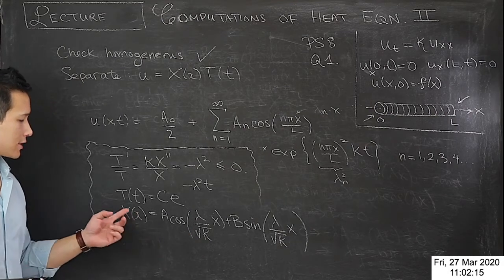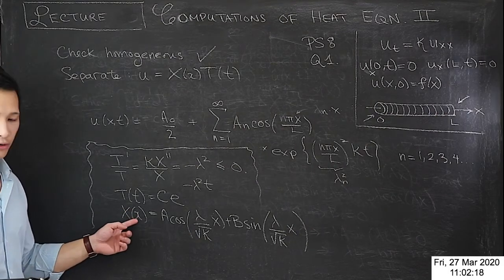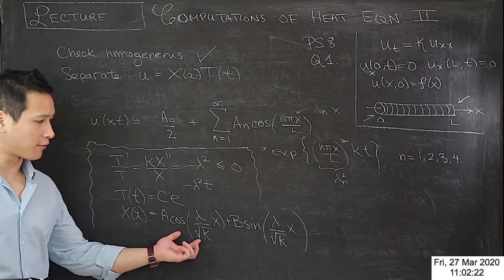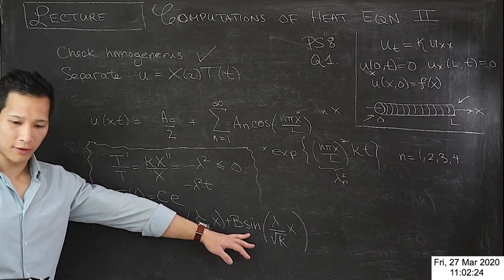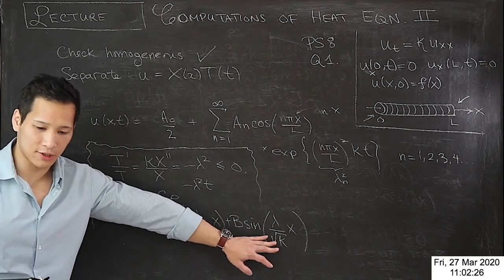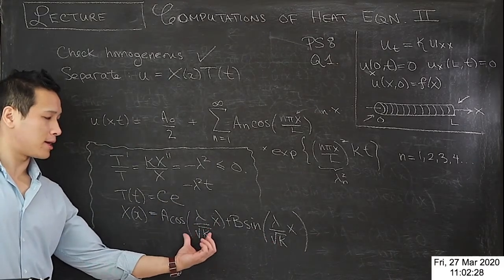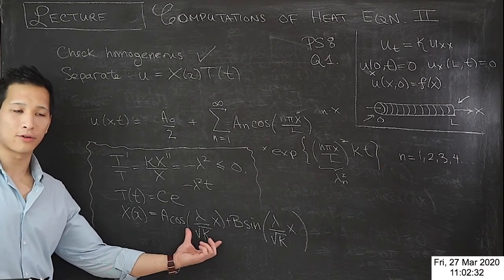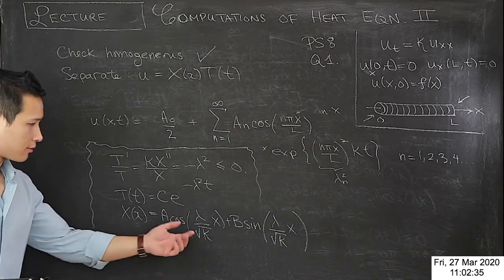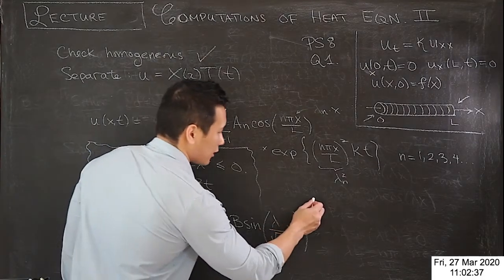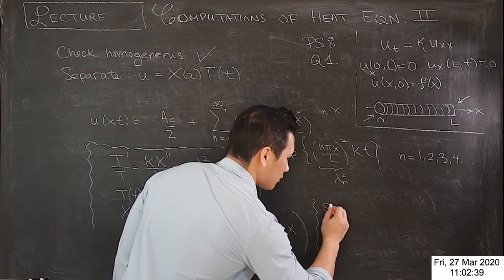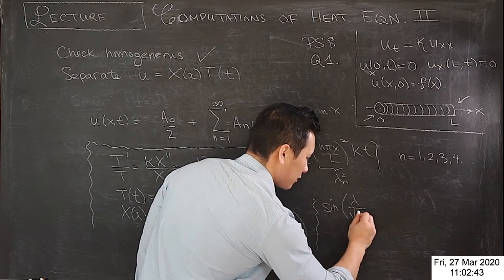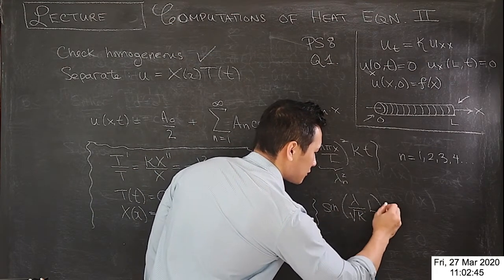But then when you take the derivative of this and impose the boundary conditions, you end up with the same reasoning as before. The b will be equal to 0. This kappa is not going to change that. And you're left with making an argument on the value of this at x equal to L. The argument will essentially be that you need sine of lambda over root kappa times L to be equal to 0.